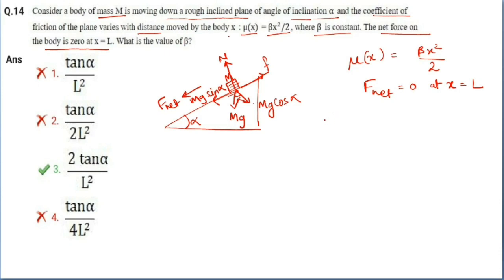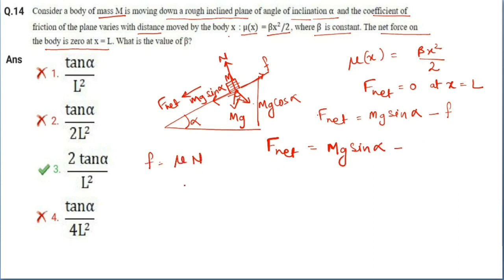Now, if we find the equation for net force, then F net is equal to mg sin alpha minus frictional force. As we know, frictional force is mu times the normal reaction.